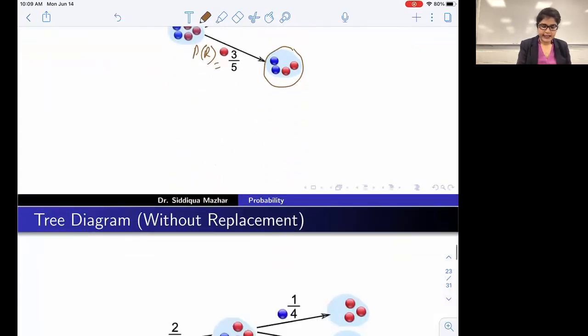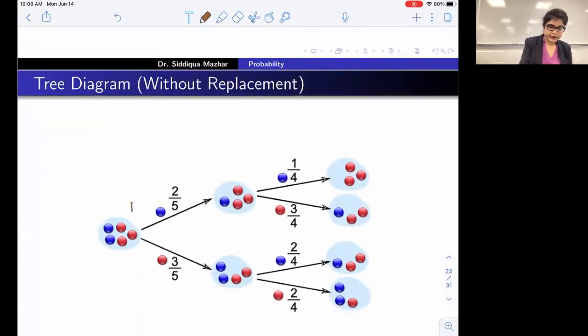So if you go for the second trial, this is my probability of blue in the first, and this was my probability of finding red. Again, if you choose blue, there are 2 possibilities: you can choose blue or you can choose red. Till here, it is my first trial.